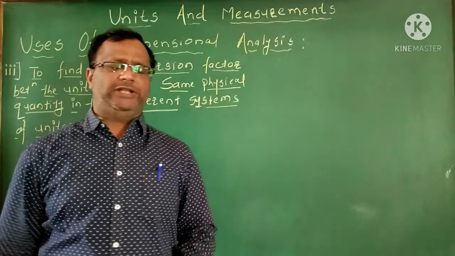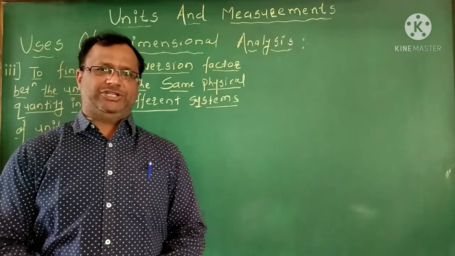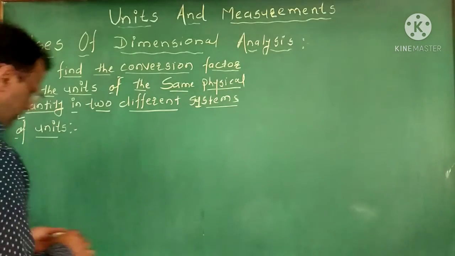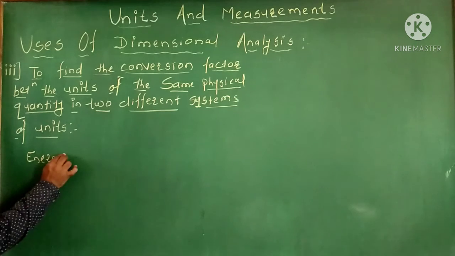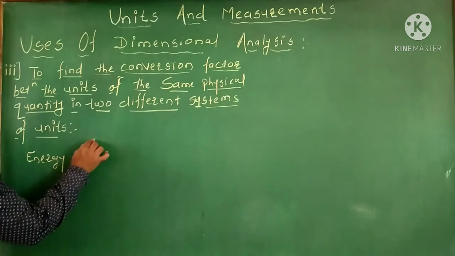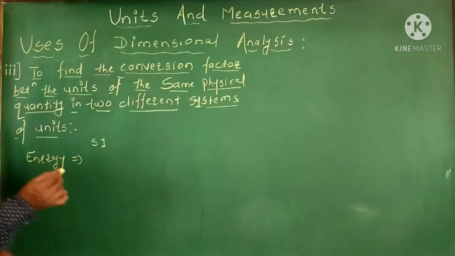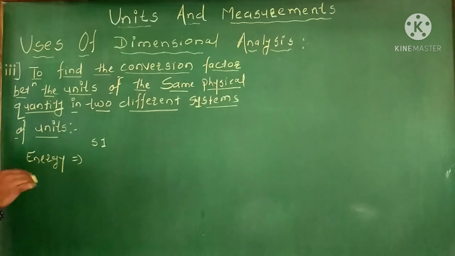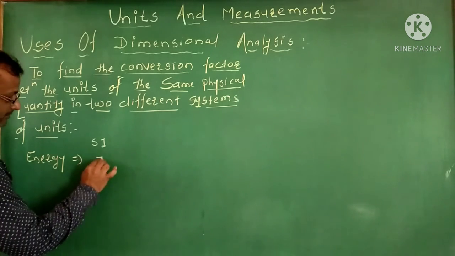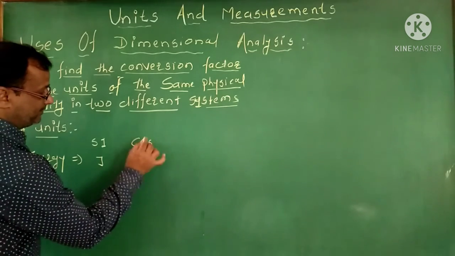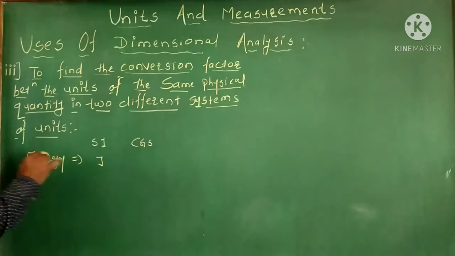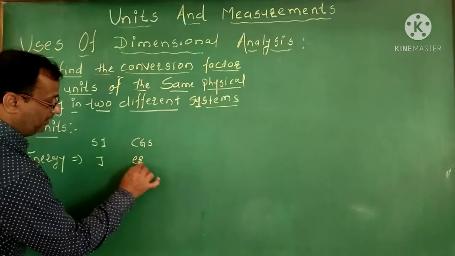Now here we want to take the example of energy. We know that in the SI system the unit of energy is joule, and in the CGS system the unit of energy is erg.